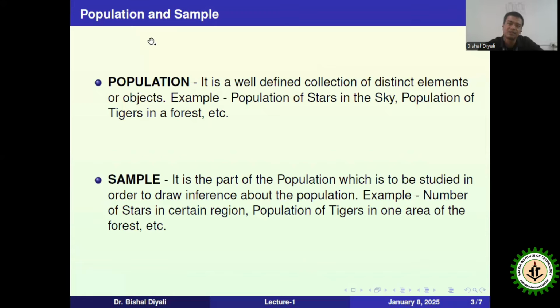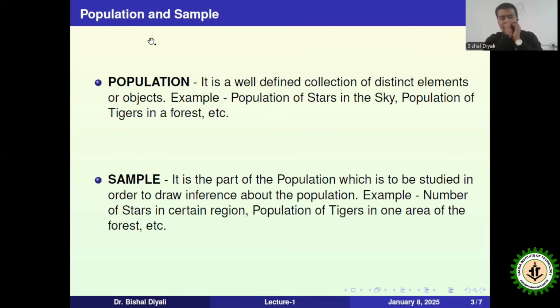It can be the population of stars in the sky, tigers in a forest, fishes in a pond, trees in a forest, insects in the world, giraffes in Africa. It can be so many things, but it has to be distinctly defined.